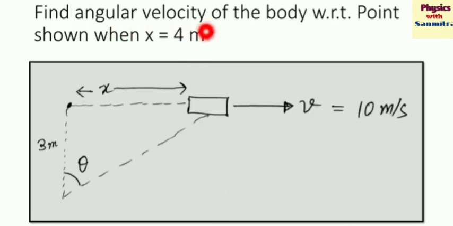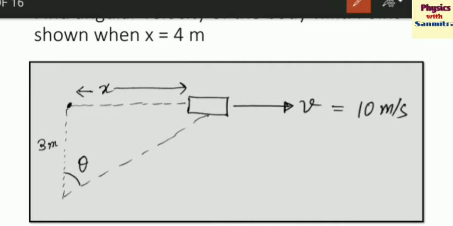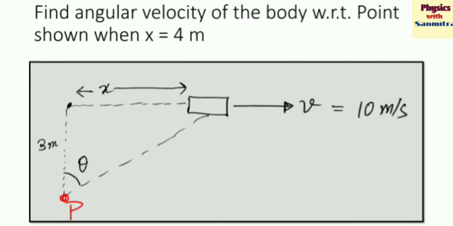Find the angular velocity of the body with respect to the point shown when x is equal to 4 meter. See, this object is actually moving along this line, and there is a point shown around the point. With respect to this point, find the angular velocity of this object which is moving like this when x is equal to 4 meter.